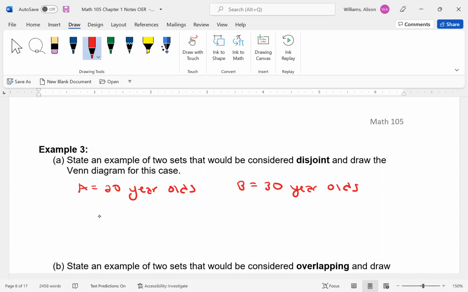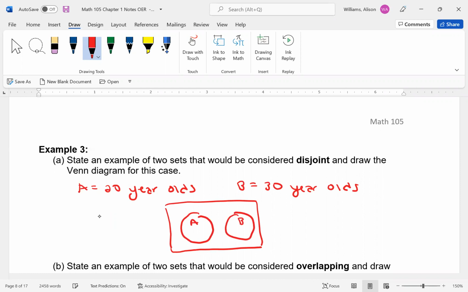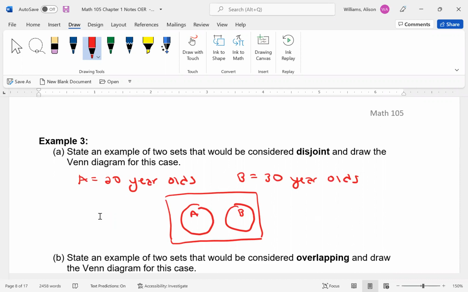So that's an example of two disjoint sets. There's no way somebody can be in both A and B. So this would be how I draw this. This would be, by the way, an example of an exclusive case you could use.